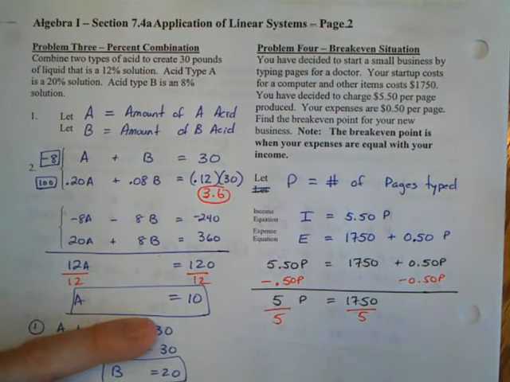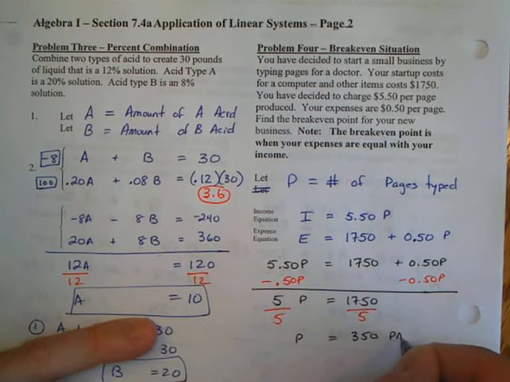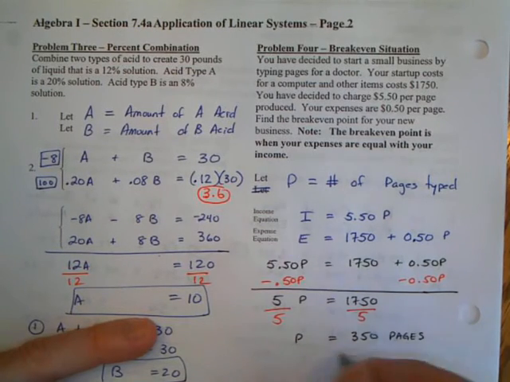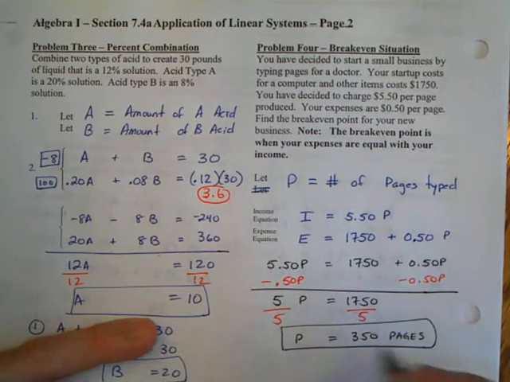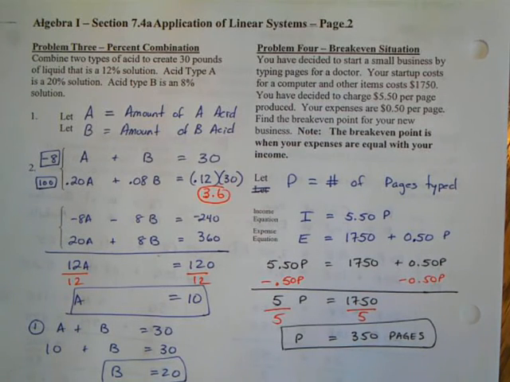Fairly straightforward to solve this. I subtract 50 cents p from both sides, and that gives me 5p equals 1750. To solve, I'm going to divide both sides by 5, and I'm going to find that p equals 350 pages.